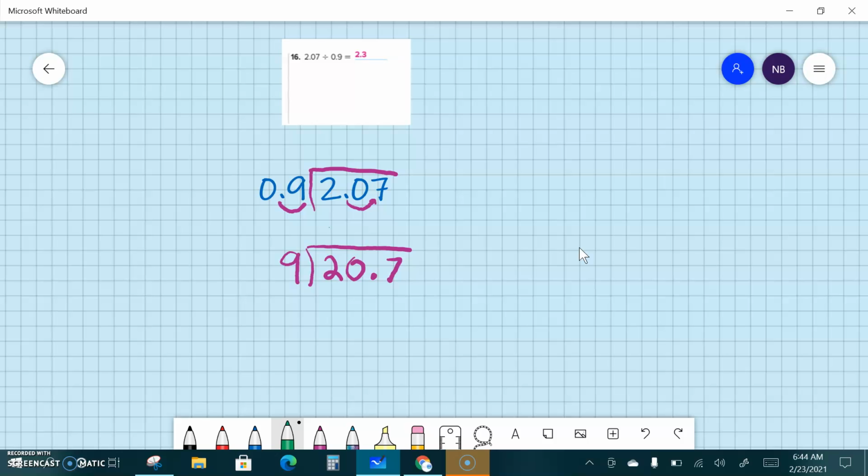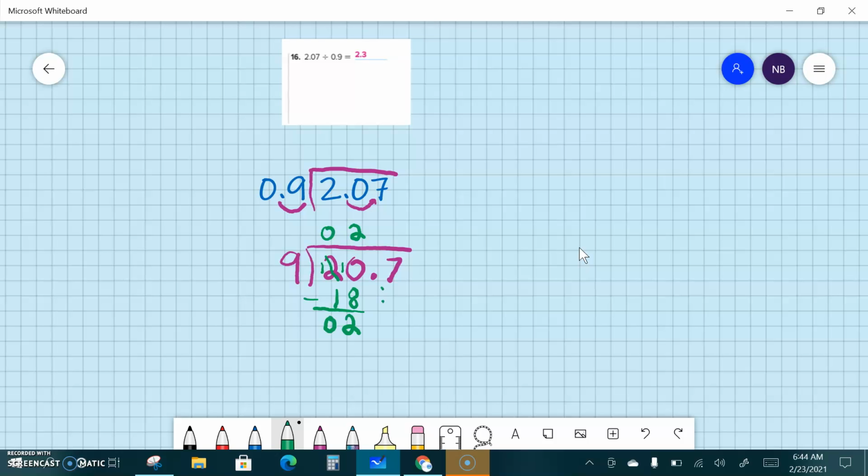Okay, now let's see what happens from here. 9 is too big for 2. 9 can go into 20 2 times. 2 times 9 is 18. 20 minus 18 is 2. I'll show the actual borrowing, though some of that you can just do in your head.